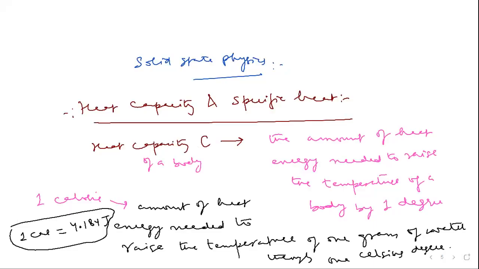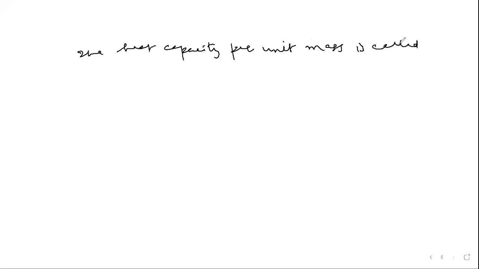Now, the heat capacity of an object is proportional to its mass. The larger the mass of a body, the larger will be its heat capacity. The heat capacity per unit mass is called the specific heat.